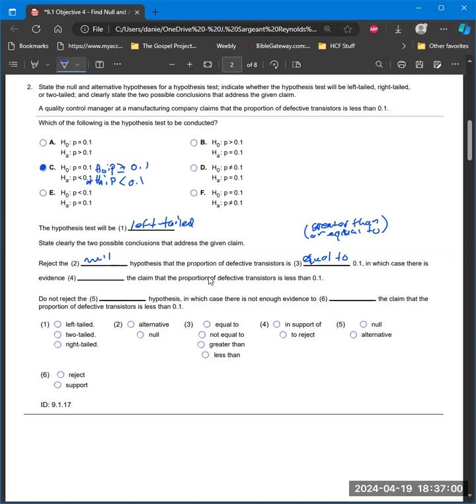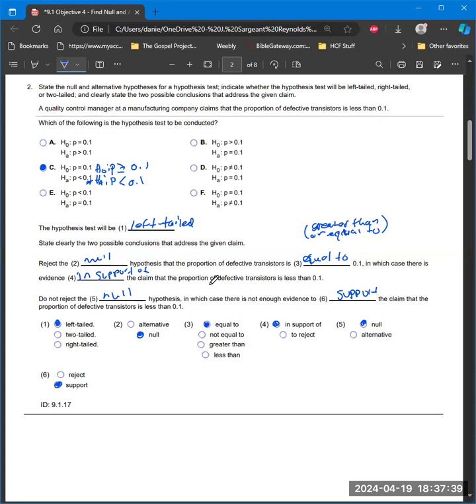And then if we reject null, we have evidence in support of the claim that the proportion of defective transistors is less than 0.1%. So let me fill in those blanks. This is left-tailed, null, equal to, in support of, or we do not reject the null hypothesis, in which case there's not enough evidence to support the claim.